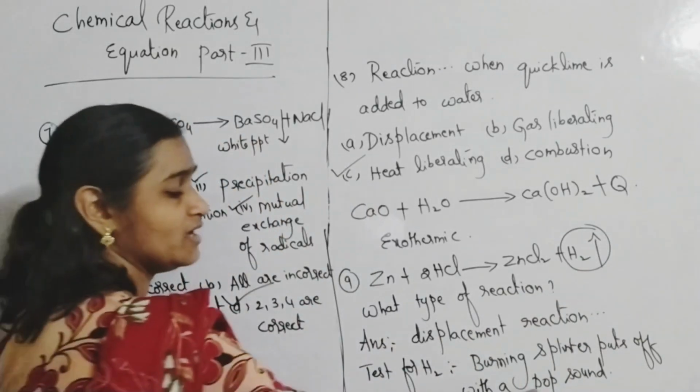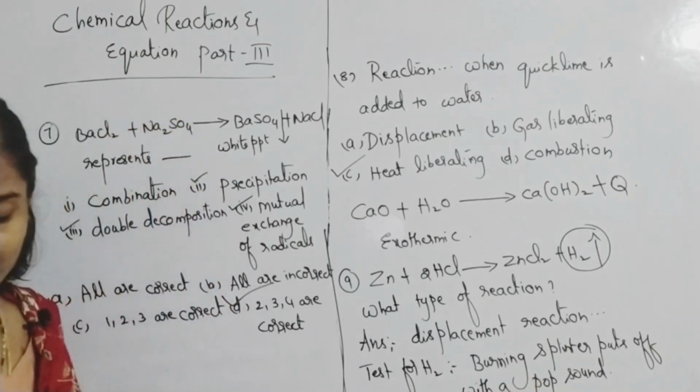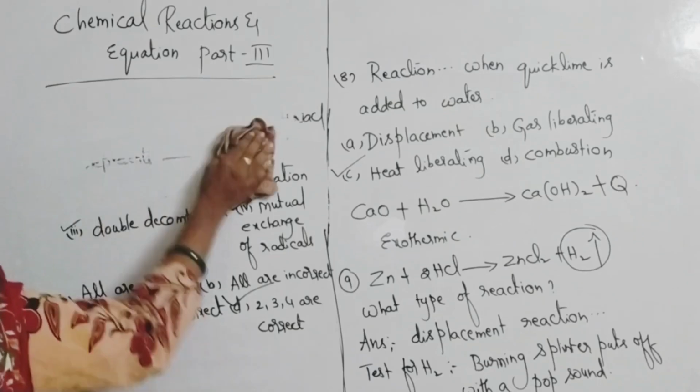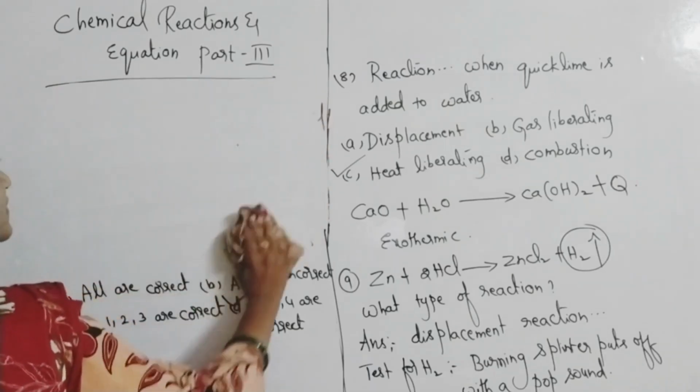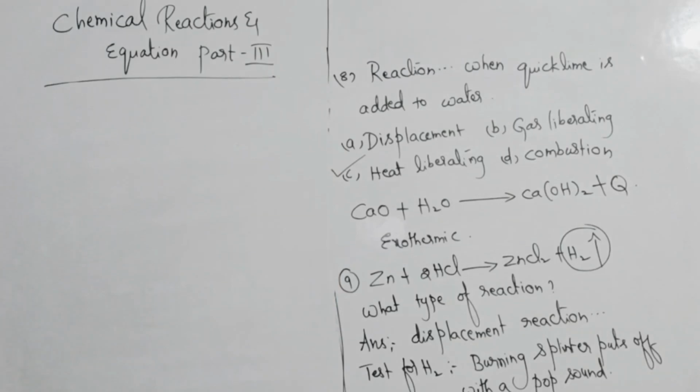Here what I wrote, I think you cannot see. This is pop sound. So like this also you will be getting questions. Next we will move on to the 10th question.